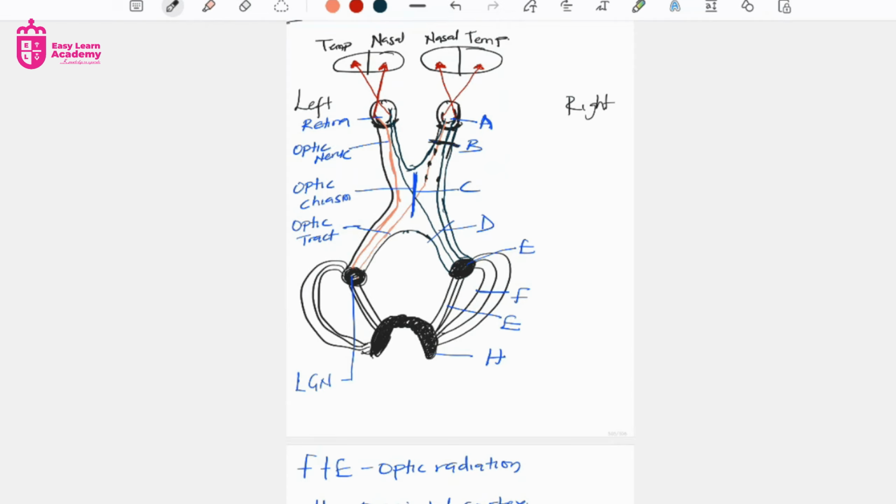Because this is on the right side, this guy, which supplies this place, has been cut off. It means this whole visual field has been cut off. Now, if you check the left side, there's no lesion there. It means there's nothing wrong there.